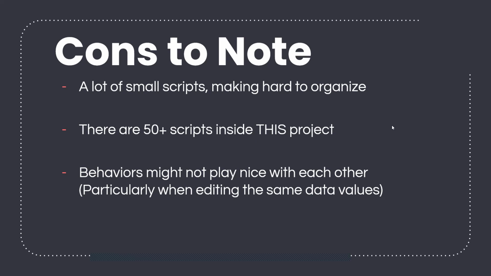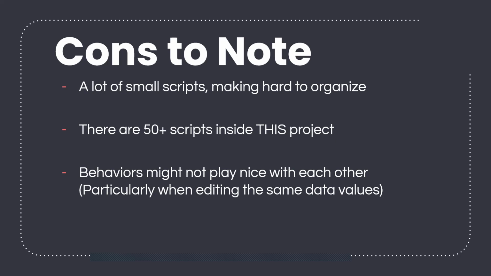Another thing is behaviors might not play nice with each other. How the systems work is they go through one entity, one set of components, and then you have your next system work with your next set of components. But if you're setting the transform to something, and then you have another component setting the transform to something else, it could really override what you're working with on the other one.